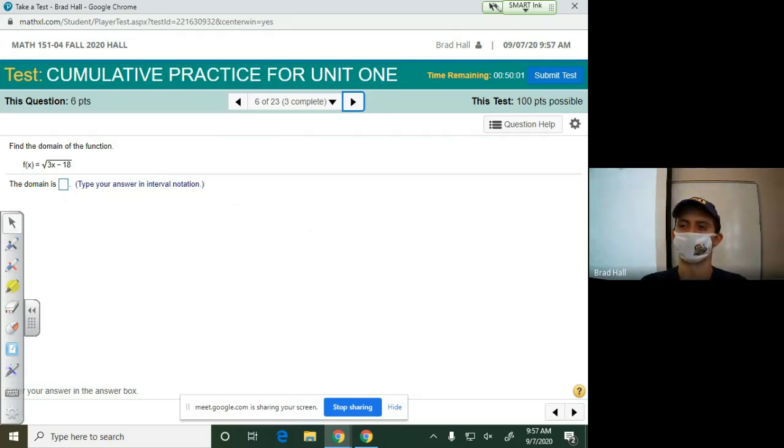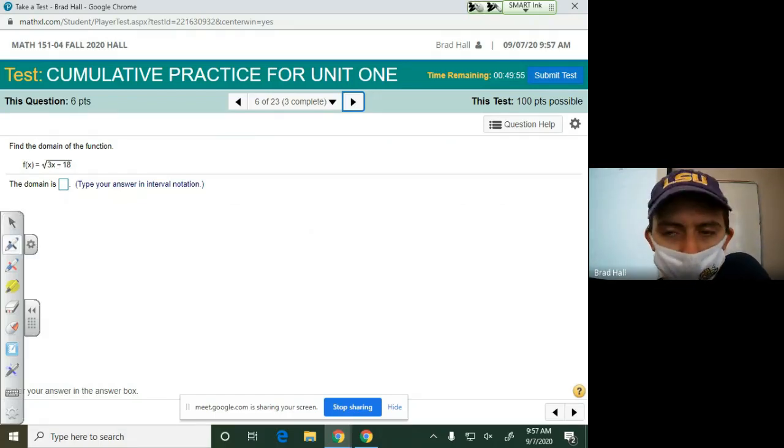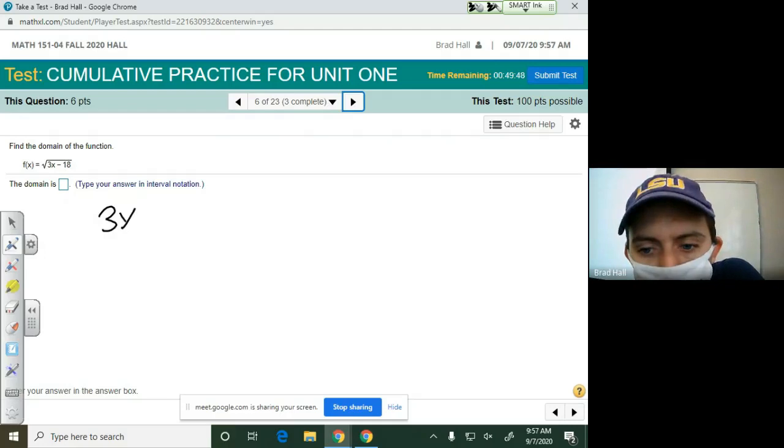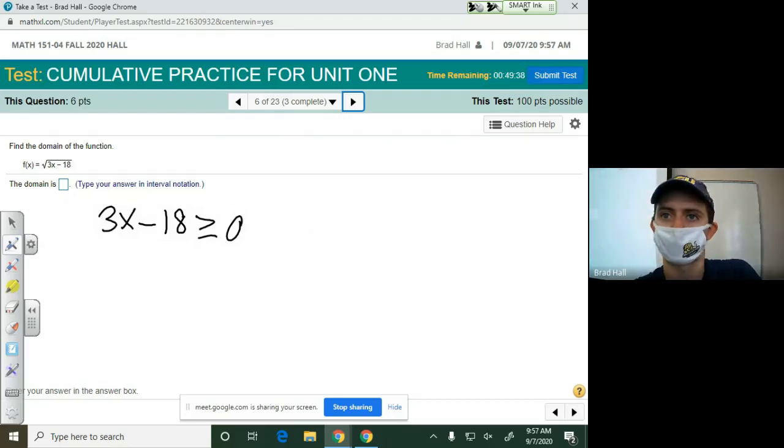So how do you determine the domain of a square root? Well, you take the square root. So the criteria I put in the notes is you want everything, I called it a radicand. You take everything under the square root, that's the radicand, and you set that greater than or equal to 0.